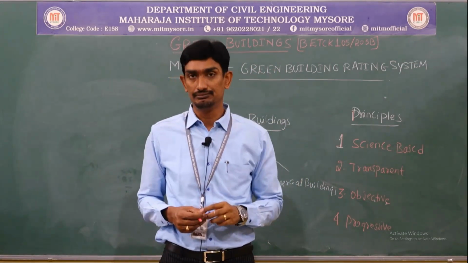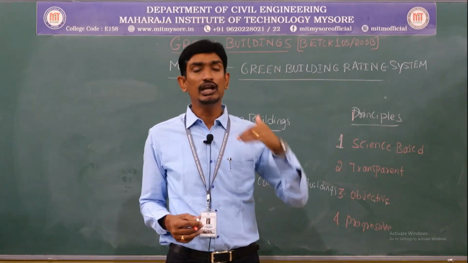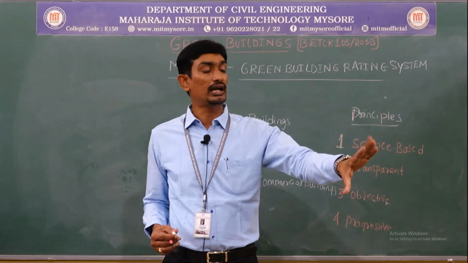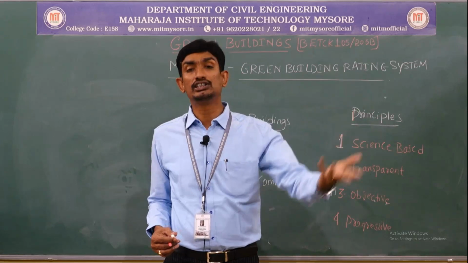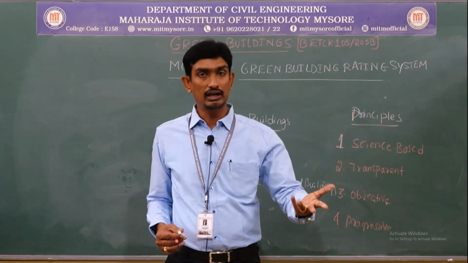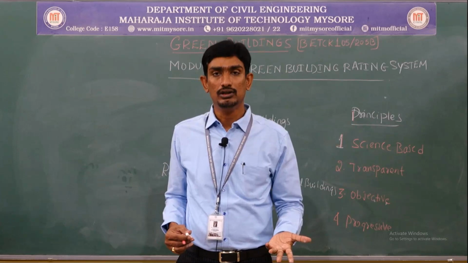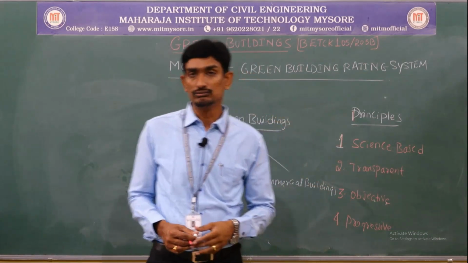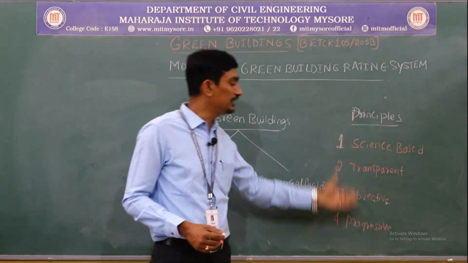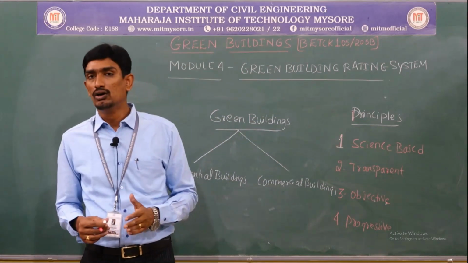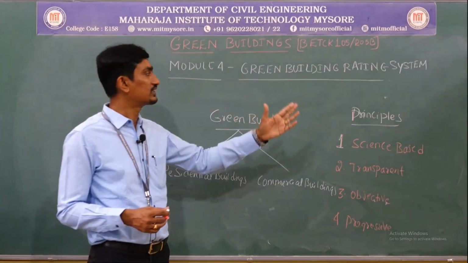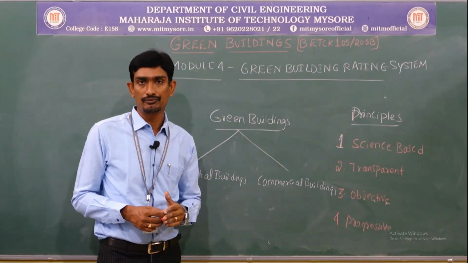We need to encourage adoption. We need to say, this is what you did wrong, and you need to adopt this way so that you can get more points and score more marks on this building. That is the progressive way. We need to educate them also. So these are the four principles I need to follow during the rating of green buildings.